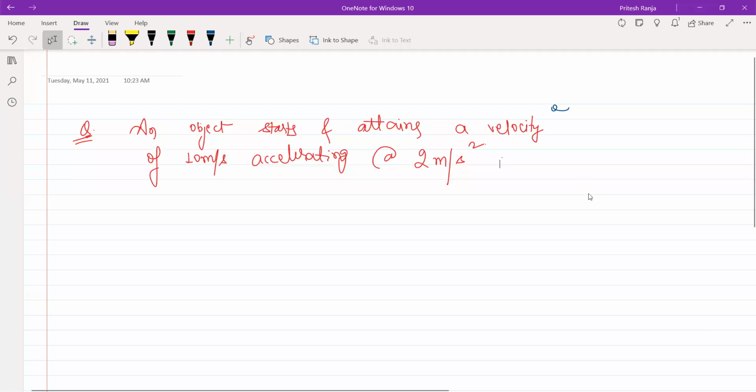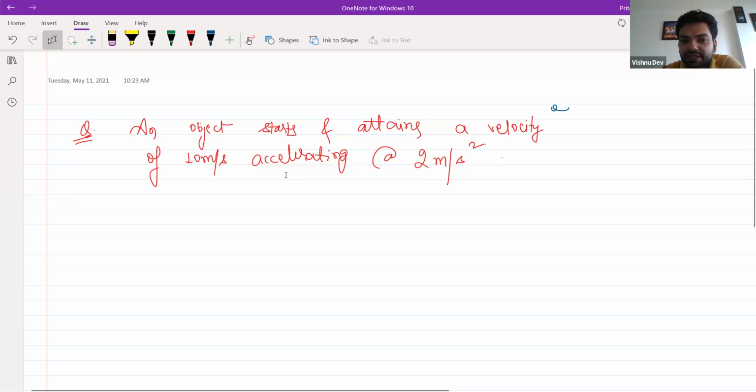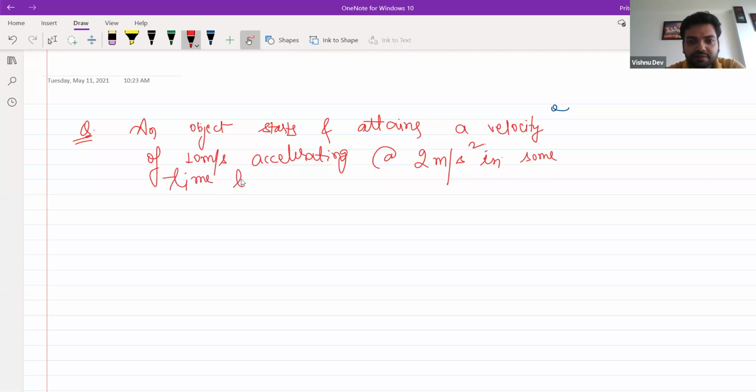Okay, yes. So the object starts and attains a velocity of 10 meter per second, accelerating at 2 meter per second square, and in some time t. You have to find the distance traveled.